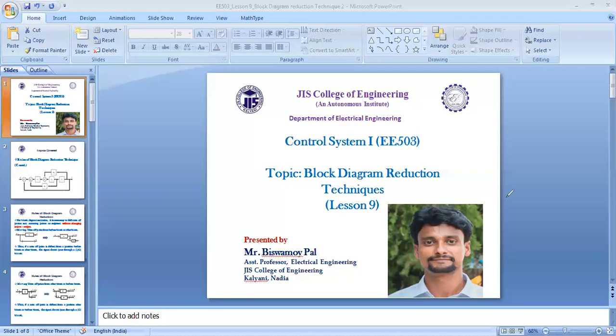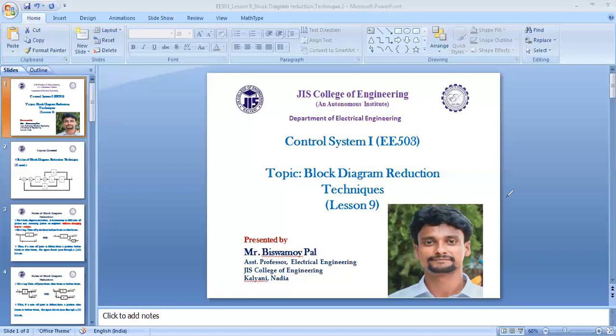In last class, we discussed the block diagram representation methods for any complex control system. We discussed advantages, disadvantages of this representation, and the basic elements associated with block diagram representation.